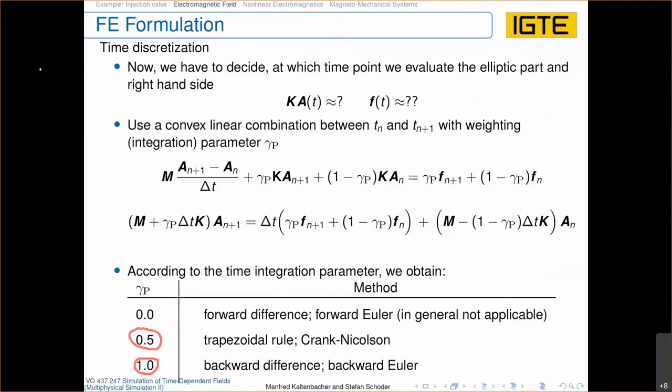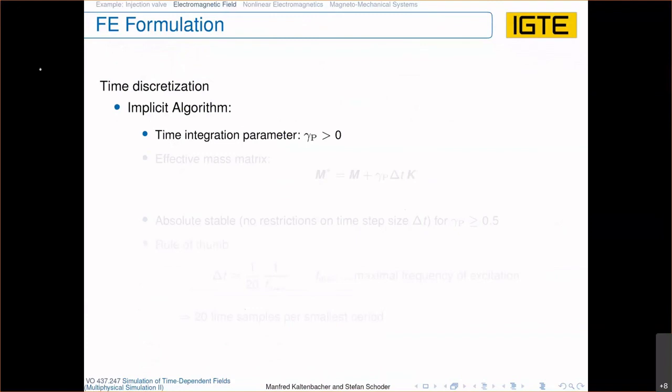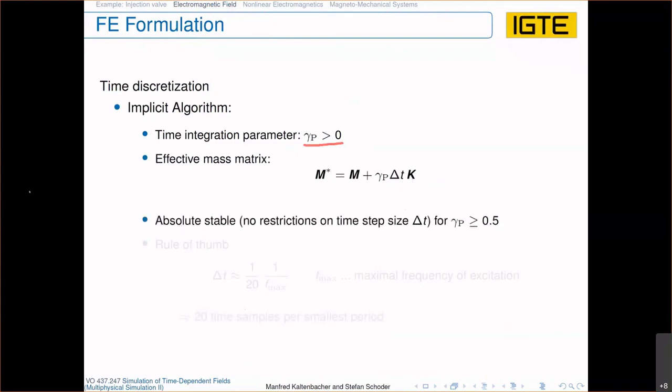Okay, so let's summarize it. For the time integration parameter gamma p being larger than 0.5, we always call such a time discretization scheme an implicit scheme. And as you know, the system matrix then is a superposition of the mass matrix and the stiffness matrix. What you obtain is also called the absolutely stable scheme.